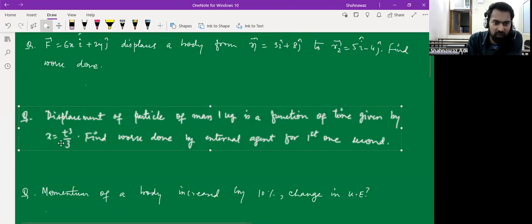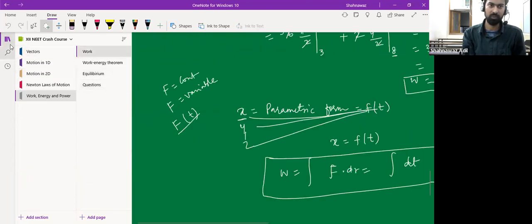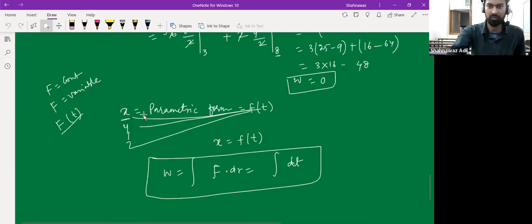Here you see that your displacement is in parametric form. In the previous question, your force was a function of the positions X and Y, but now X and Y are also functions of time, so these are in some parametric form. So now what will you do?